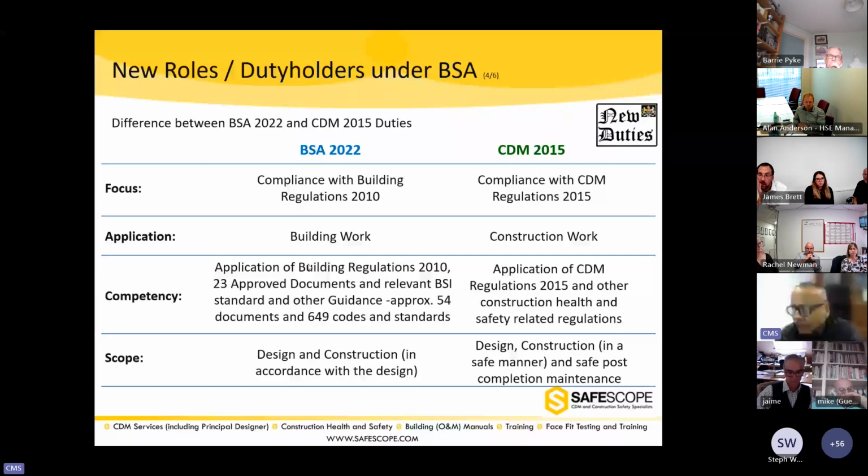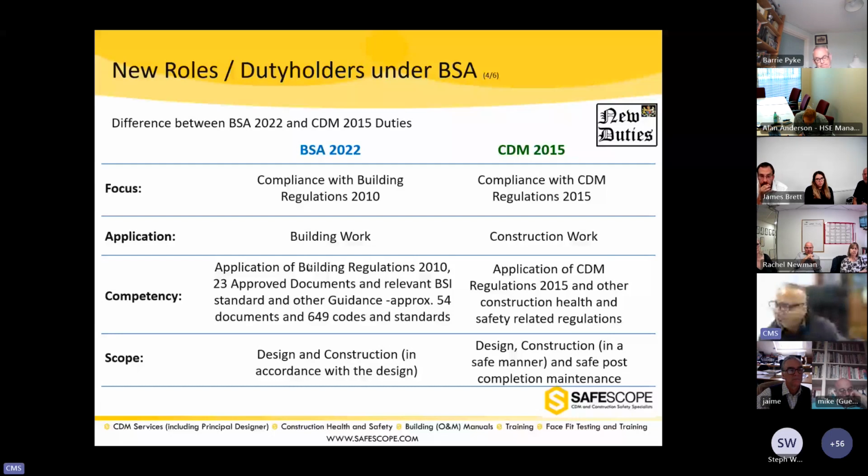Now, building regulations talk about the design and construction in accordance with the design that complies with the building regulations, which is fair enough. But the CDM regulations' focus is not limited. This is limited focus, like the Building Safety Act, that talks about only design and construction in accordance with the design.